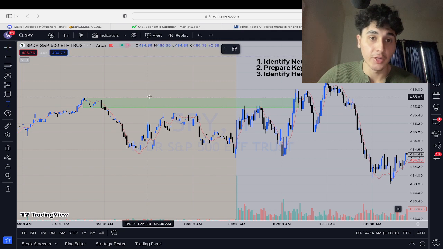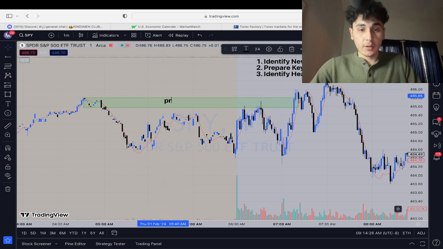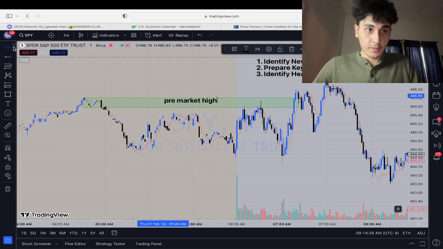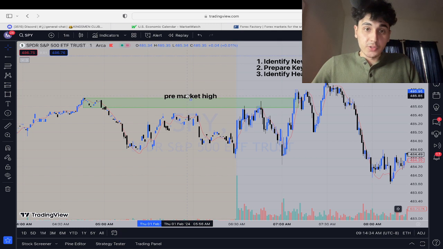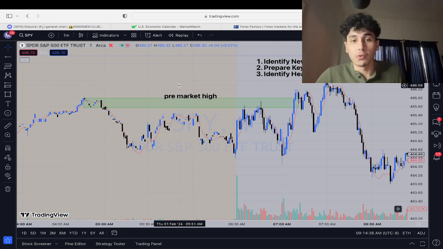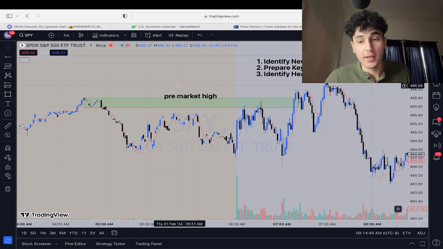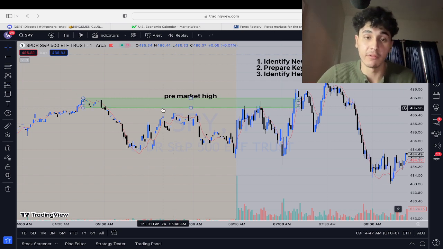So boom, I drew out my pre-market high. And keep in mind, our pre-market highs and pre-market lows are basically treated as our support and resistance levels, because wherever the high or wherever the low was, that's where buying pressure or selling pressure was created to not go higher or not go lower, if you guys know what I mean.